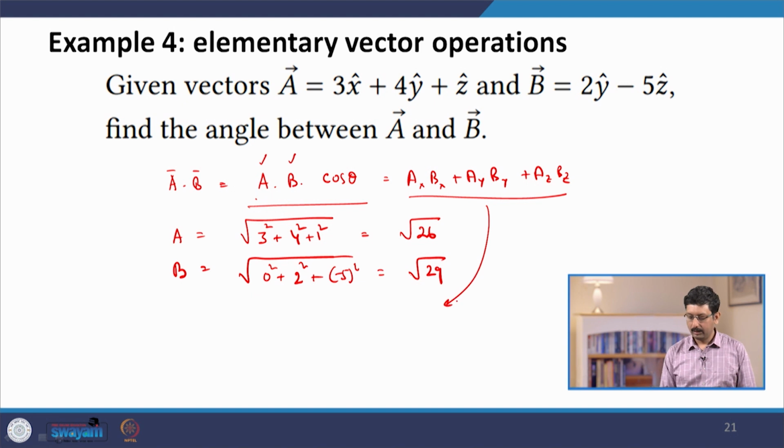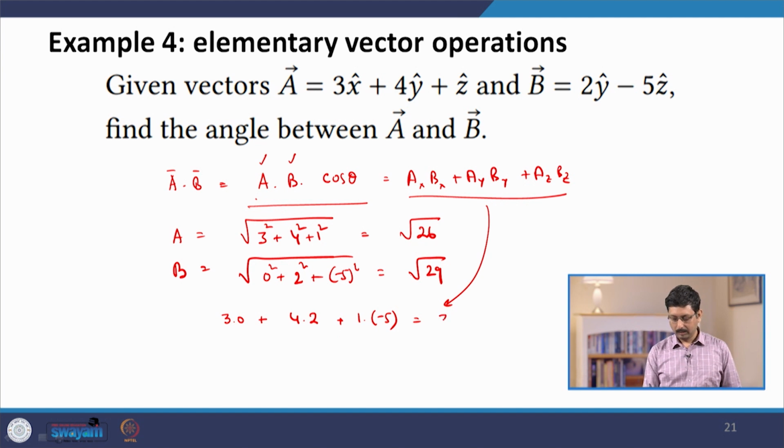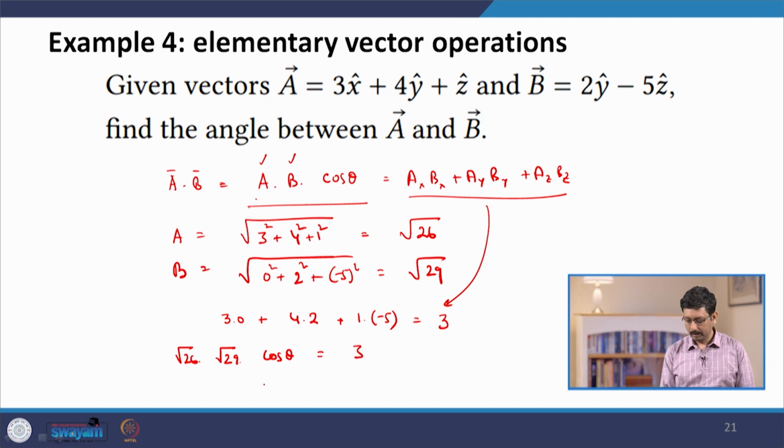Now, if I calculate the dot product directly from the components, I get 3 times 0 plus 4 times 2 plus 1 times minus 5, which is equal to 3. So, then I get that square root of 26 times square root of 29 times cos theta gives you 3. Then you can solve this equation to get cos theta.